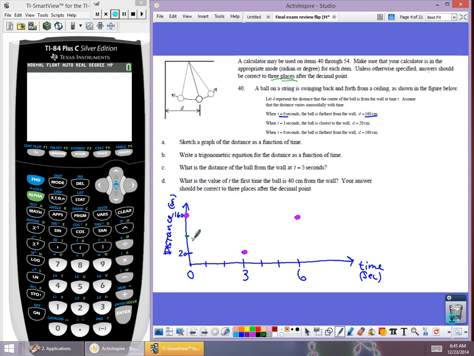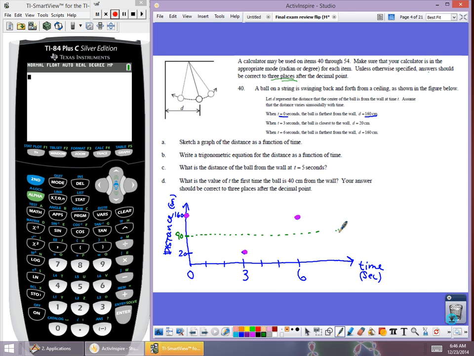Cut that in half, and that's 70, which is my amplitude. I'm going 70 up, 70 down. Well, I say up and down, 70 to the right and left of the midline. So the midline would be 70 more than 20. I wouldn't start here and say this is 70, because it's 70 from 20. So we would be at 90. That would be our midline.